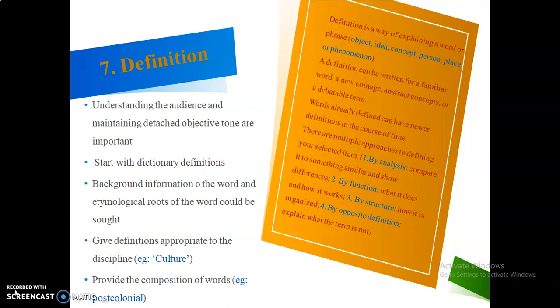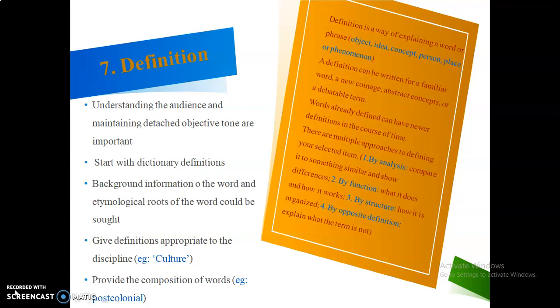One method is by analysis. Compare the object to something similar and show differences. That's one method of defining an object. Compare it to something similar and show how it is similar and different. Another method is by function, what it does and how it works.